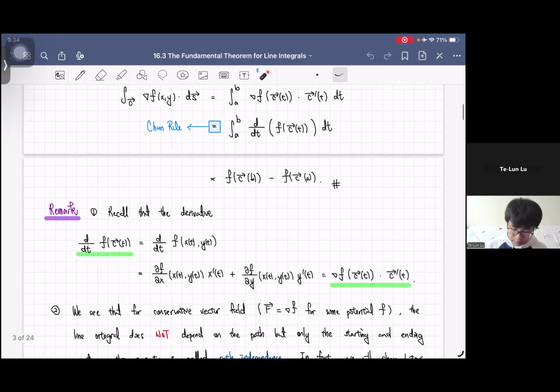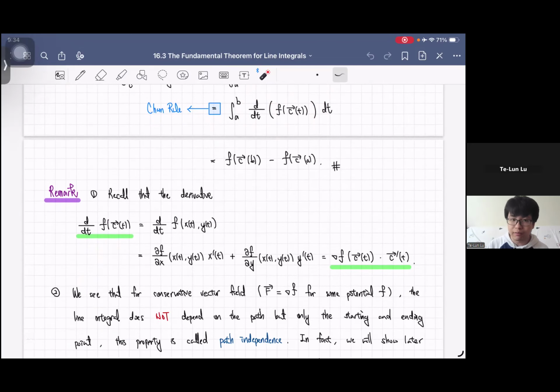So you can actually evaluate this if you want to do it term by term. Taking differentiation of f(C(t)), then you are differentiating with respect to t of f(x(t), y(t)). Now by chain rule, you have partial f partial x evaluated at C(t), taking the product with x'(t), and also a similar term with y'(t).